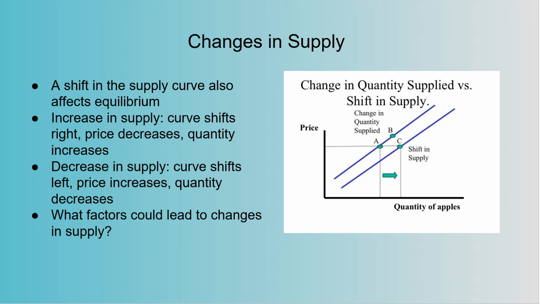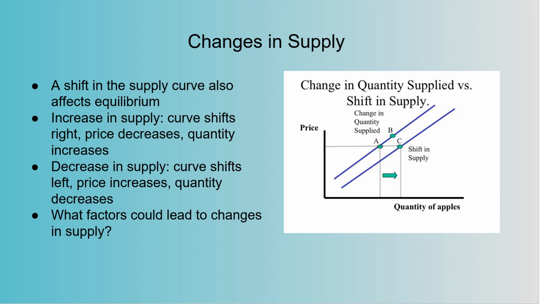Changes in supply, again, same thing. If there is a change in the price, that would cause a movement from point A to point B, depicted in the graph on the right-hand side. This would simply change the quantity supplied at this higher price.